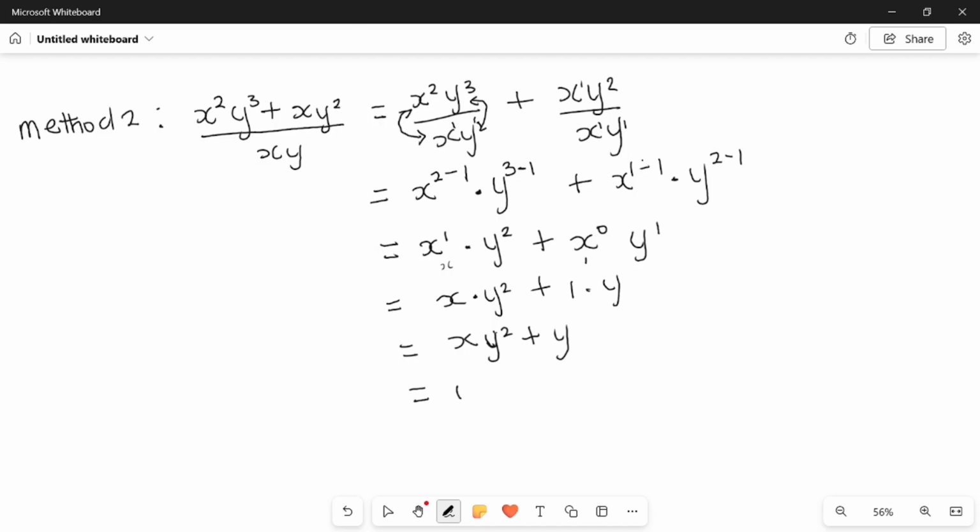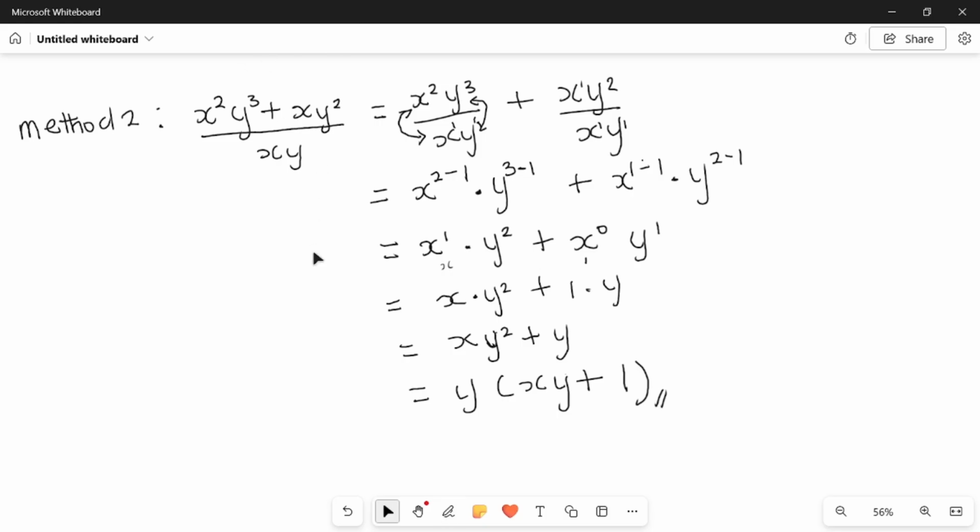So you bring out y into x y, divided by this will give us y, plus y divided by y will give us 1. So this is our final answer. So this is the method 2.